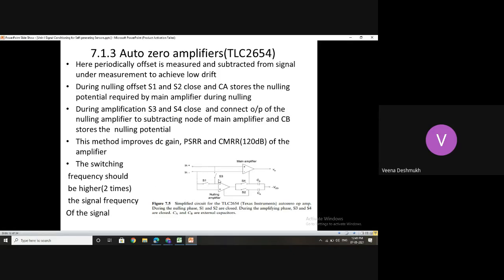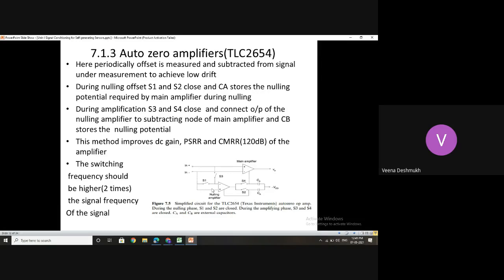One care that has to be taken here is that whatever is the signal, the frequency of these switches has to be 2 times higher than the signal frequency. This is the common requirement whenever you make use of these switching circuits, because even the switches also add some disturbance in the measurements.